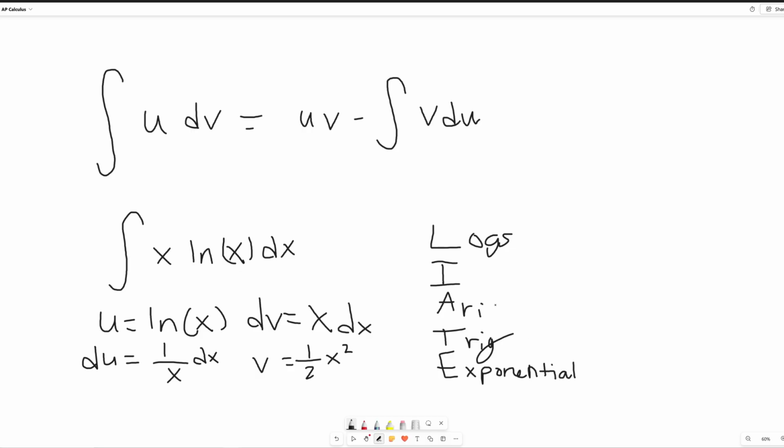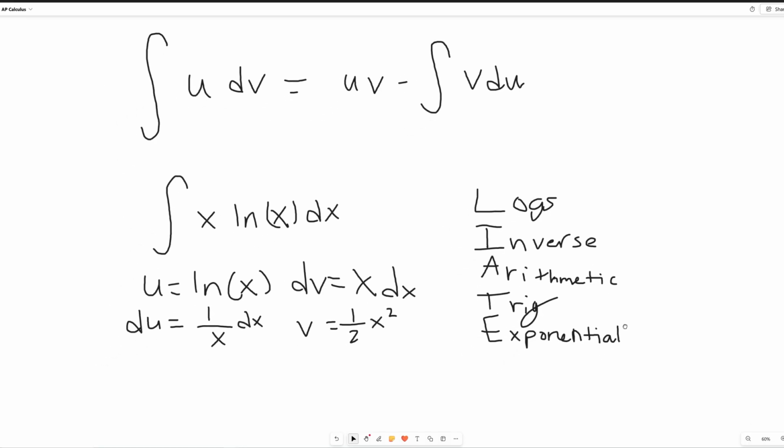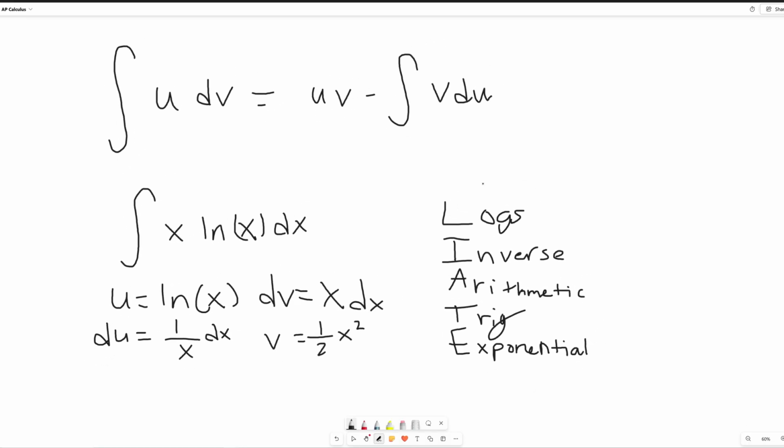This is arithmetic. And the I is inverse. Right. So the I doesn't come up very much. But I'm just going to leave it. So this is the order to pick your u.